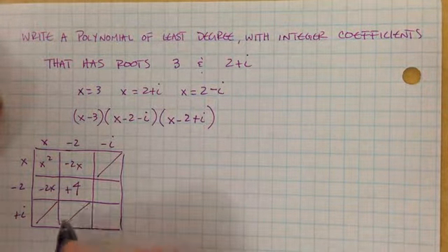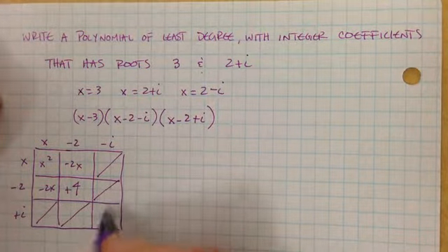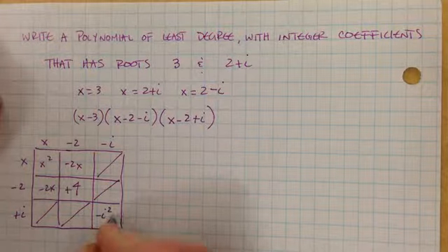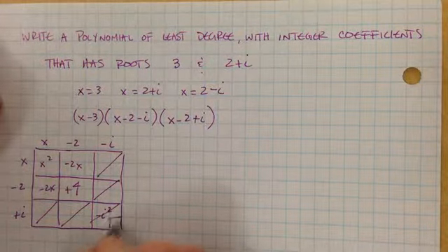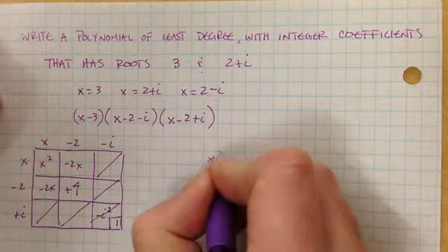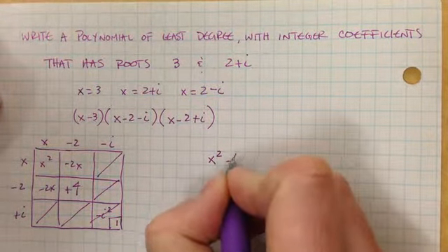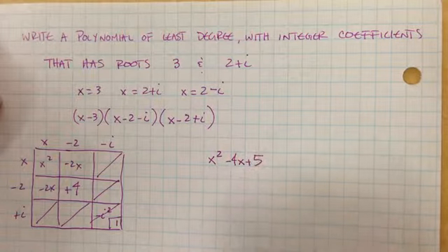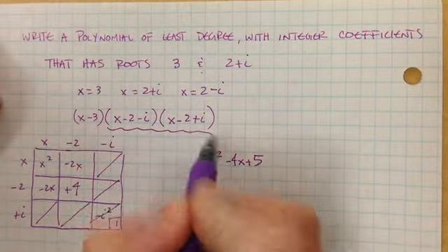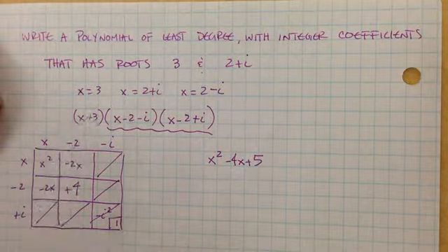The negative 2i will cancel with the positive 2i in all those boxes if you fill them out. And here we get negative I squared, which is actually a positive 1. So coming out of all this, I get x squared minus 4x plus 5 again. Well, that was the combination of these two factors together, so we still have one more to deal with.